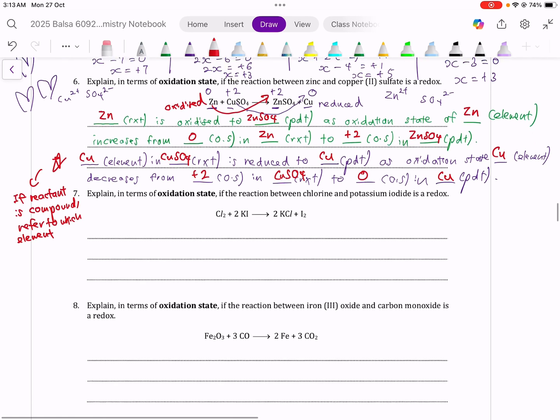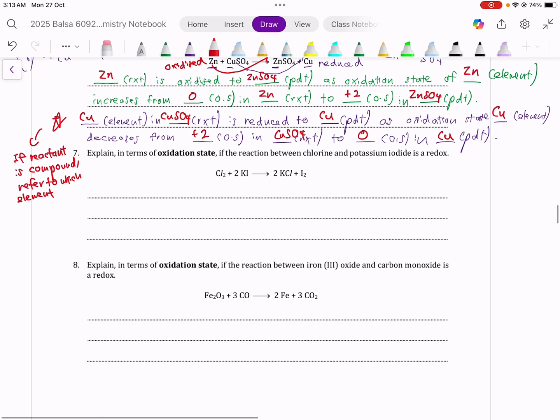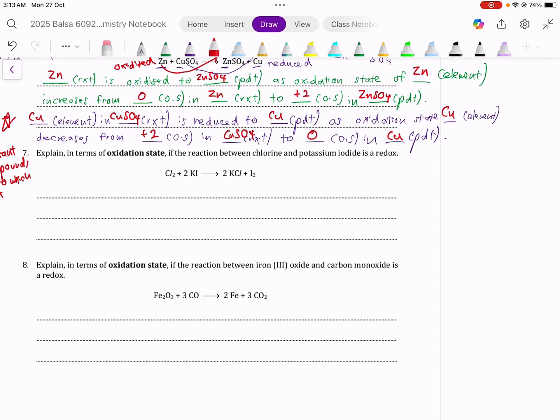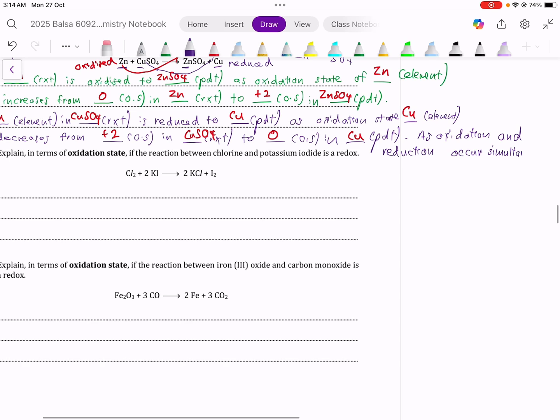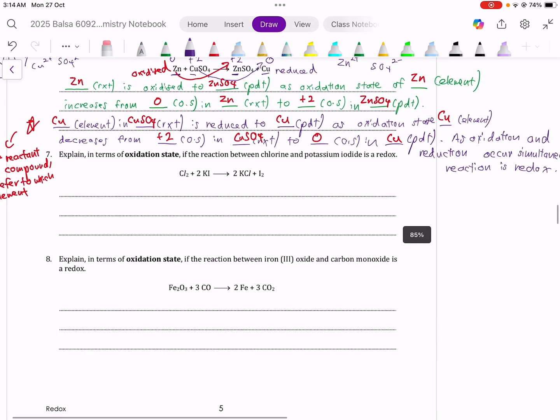Then let's look at the next one, so you still need the conclusion for this part: as oxidation and reduction occur simultaneously, reaction is redox. So put in the conclusion, although it's merely a formality.